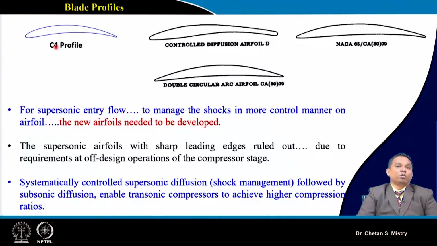So control of supersonic diffusion, followed by subsonic diffusion, is required to be addressed. So we can say that the aerofoils we have for the subsonic configuration will not be helpful for the supersonic flow configuration, and that demands the development of new kinds of aerofoils.